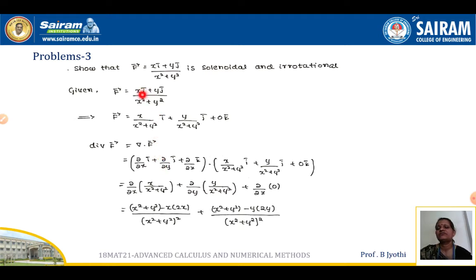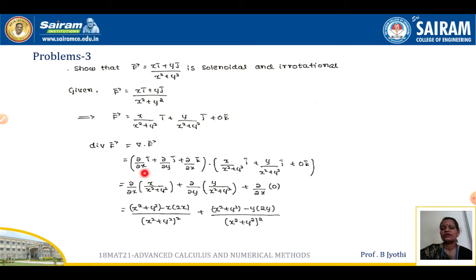So f is given by xi plus yj divided by x square plus y square. Separating the i term and the j term, we get this one. And of course the k term is not there, so we will write it simply as 0 into k. So div f is given by dou x i plus dou y j plus dou z k of the i component, j component, and then the k component, where the k component is 0.